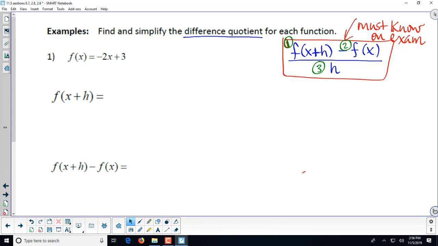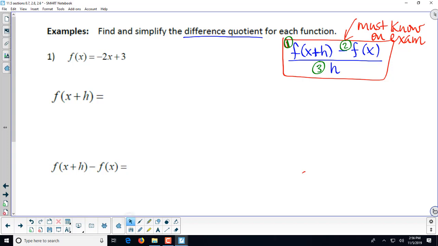I like it and I don't like it the way MyMathLab has you do it. It's nice because they make you enter the in-between steps, so if you made a mistake, you're not at the very end going, oh my God, where is it? You can catch a mistake early on, which is a good thing. But it's a lot of extra writing if you're doing it this way. So I don't care how you do it on your paper as long as you can get to the answer and you know what to put in MyMathLab.